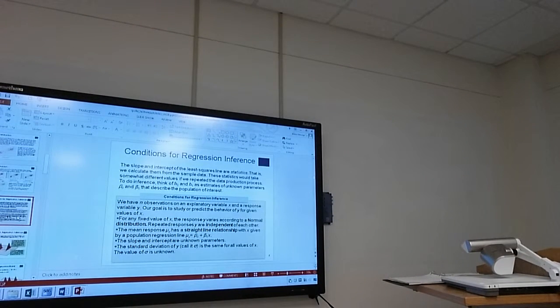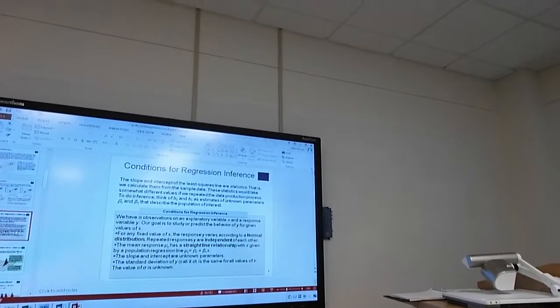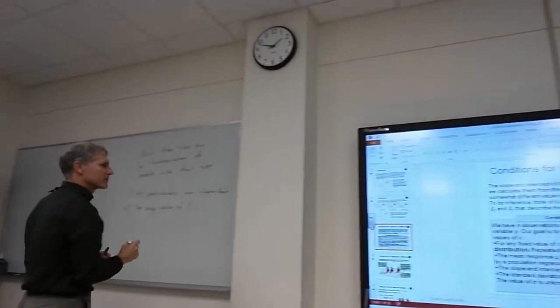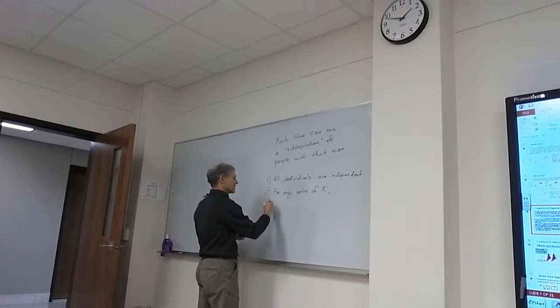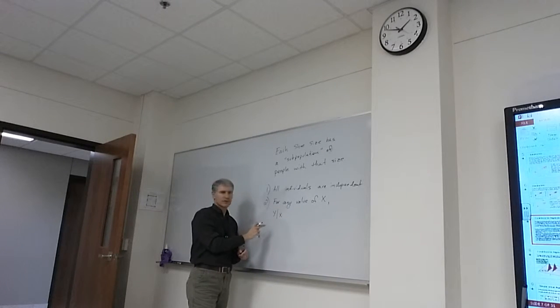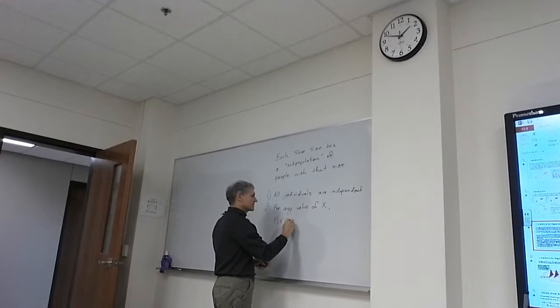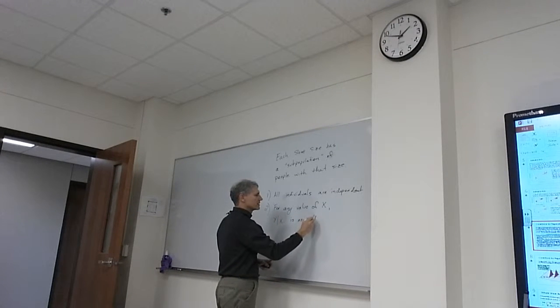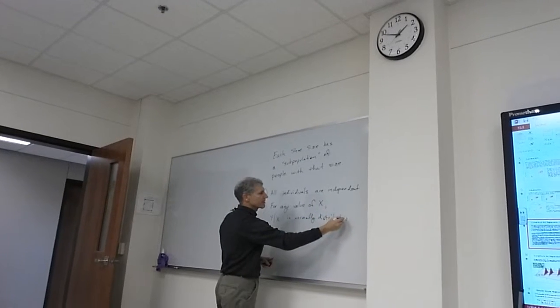For any fixed value of x, the response variable varies around the line according to a normal distribution. Y given x, remember this vertical bar means given, so y conditional upon that value of x is normally distributed. What the heck does that mean?